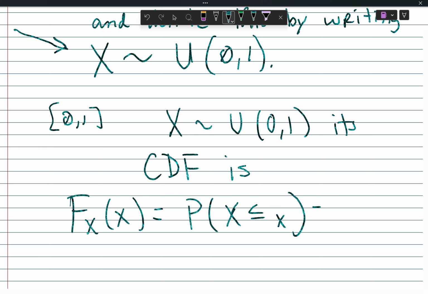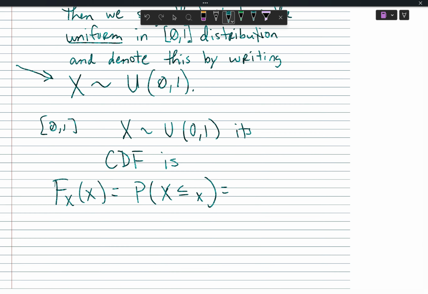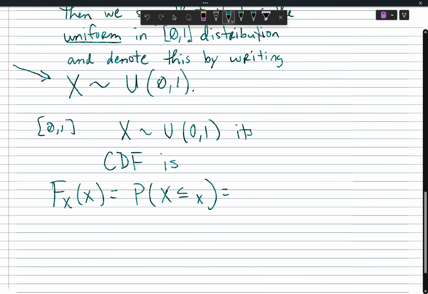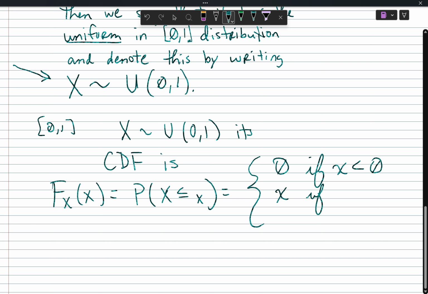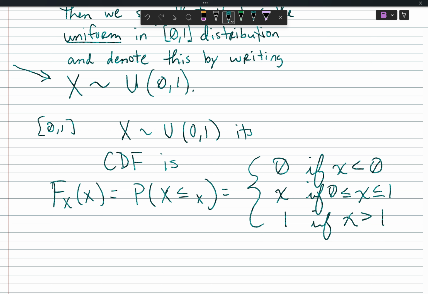This is equal to 0 if x is less than 0, x if x is between 0 and 1, and 1 if x is greater than 1.